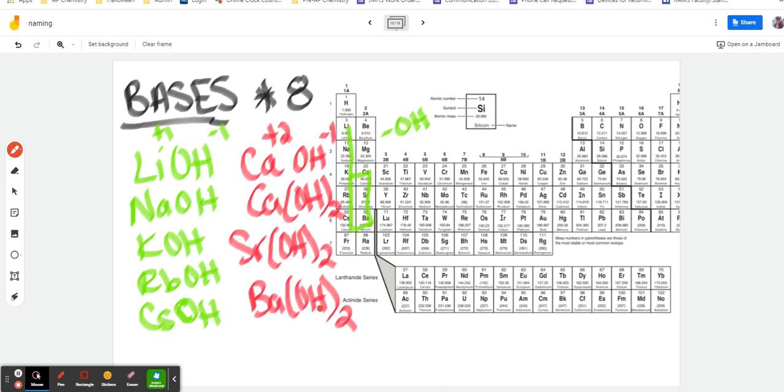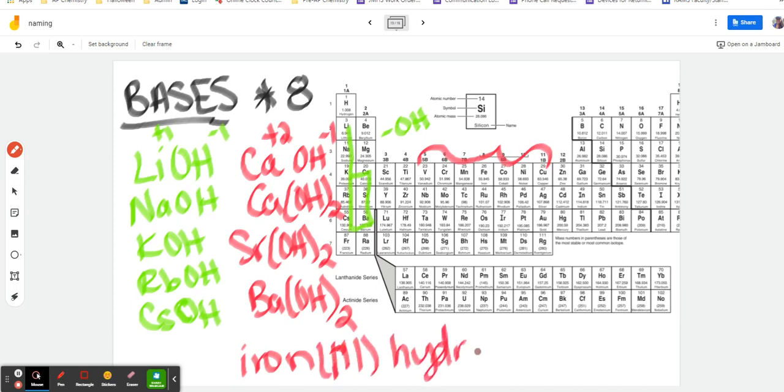Okay. All right. I'm also going to take a second to remind you that anytime we have these transition metals, you're going to see it written. For example, if I give you something like iron 3, so I'm going to give you 3 lines. So iron 3 hydroxide, you have to cross your charges. This 3 is the charge.